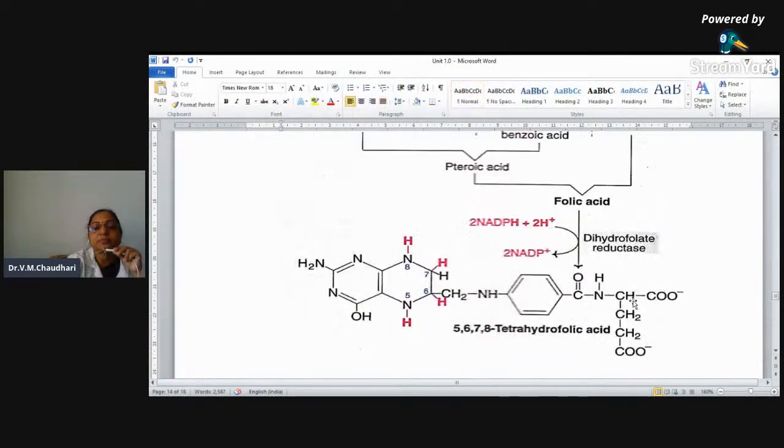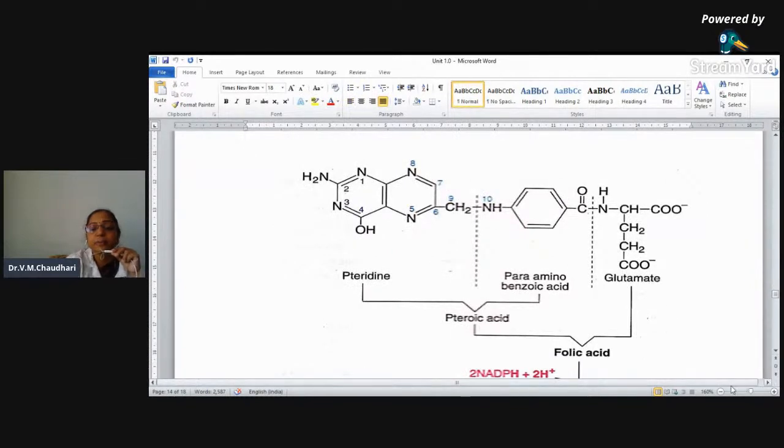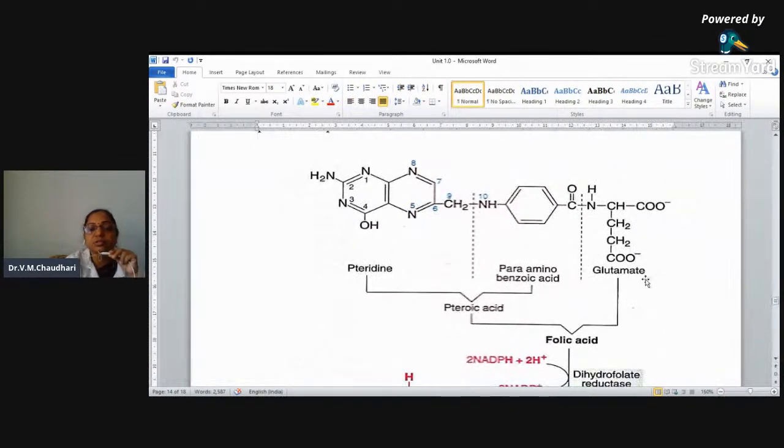So folic acid consists of glutamate plus pteroic acid, and pteroic acid in turn is made up of two components, pteridine and para-aminobenzoic acid.